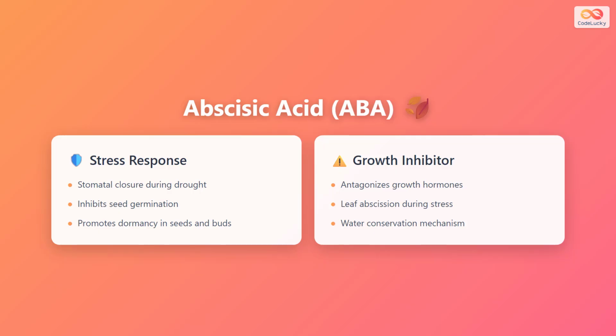Abscisic acid, commonly abbreviated as ABA, is often called the stress hormone because it helps plants survive difficult environmental conditions. Its most critical function is triggering stomatal closure during drought conditions, which prevents excessive water loss through the leaf pores. ABA also inhibits seed germination, ensuring that seeds don't sprout during unfavorable conditions.